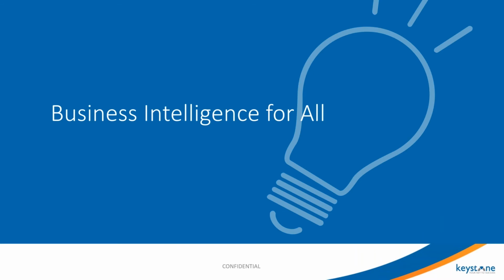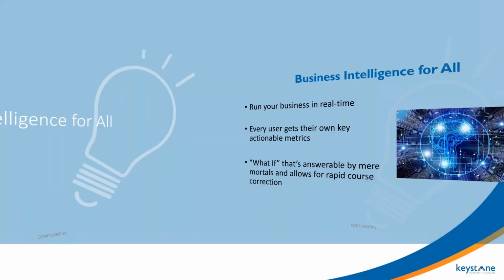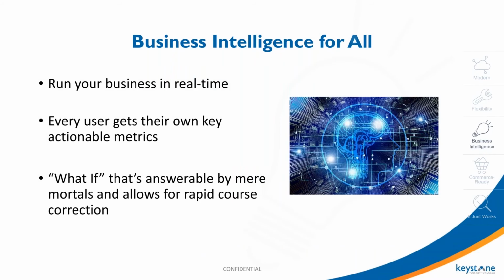So part of being a system that supports modern businesses is providing business intelligence that is accessible and, as I said on the last slide, allows you as a user or an executive to go in and find the insights you need.